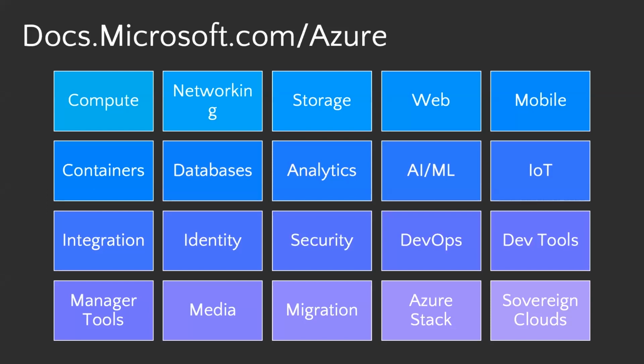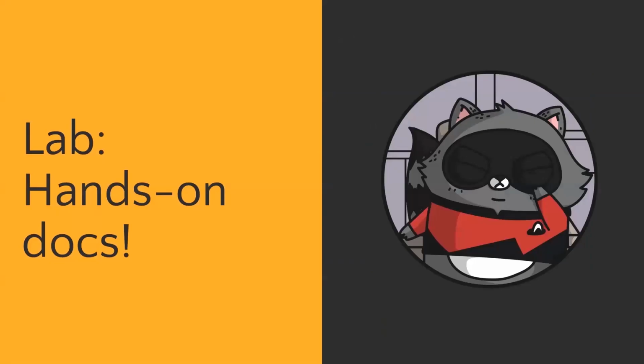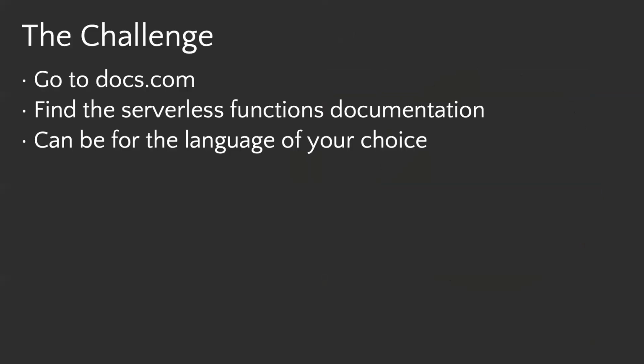So you can actually go in and do a bunch of things out there. Just as an example, if you want to try it out, go to docs.com and find the serverless function documentation and try choosing your language-specific version, and you will be able to see how effective docs.com is for your hackathon or for building any applications in the cloud.